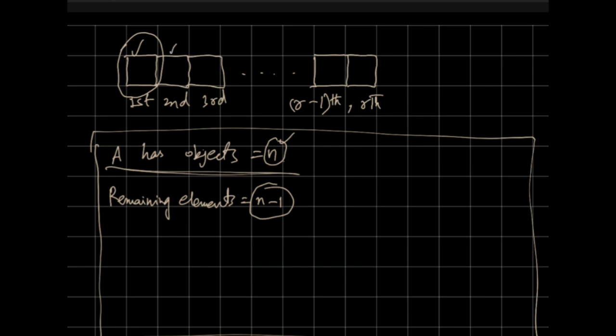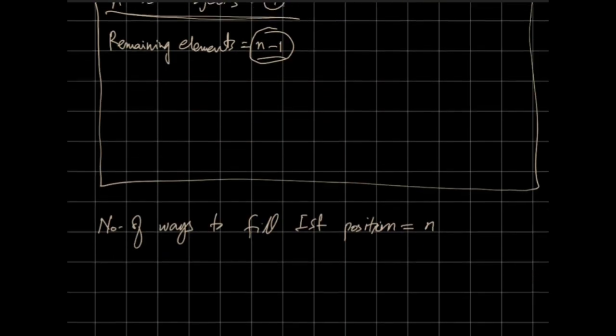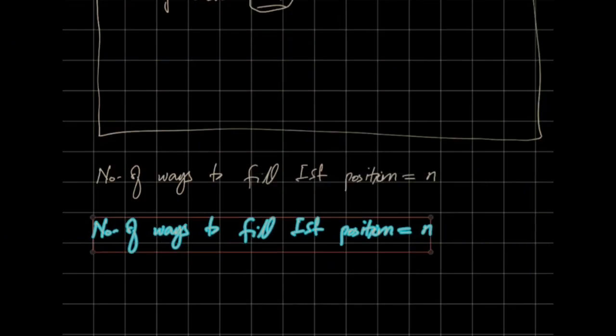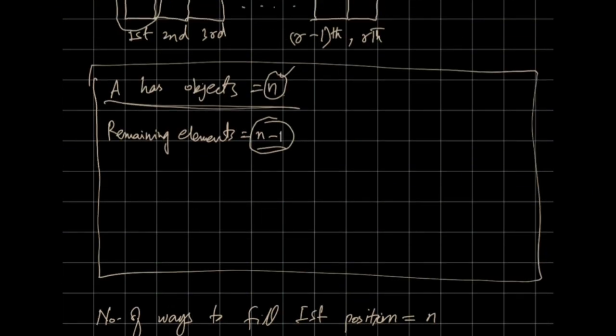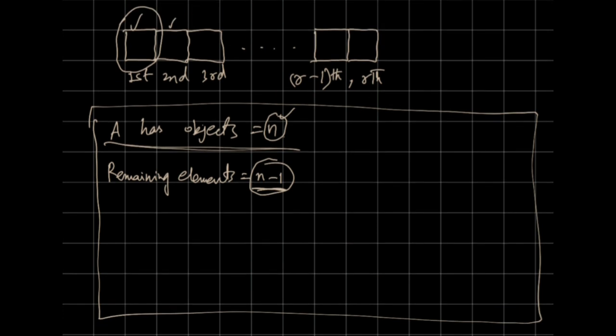So from these elements, you have to fill second position. So how many choices do you have? N minus 1, of course. So number of ways to fill second position are n minus 1, because we have only n minus 1 elements which are left. Okay, once you have filled this second position as well, how many elements are remaining?